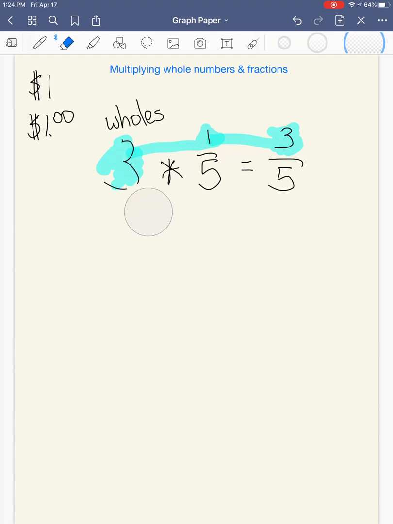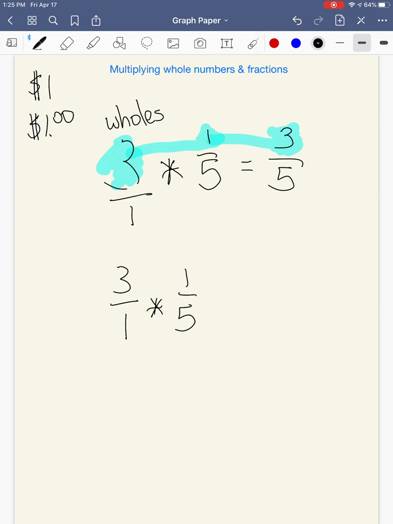So we're going to take that idea of wholes being a fraction. That's 3 over 1. Now, let me rewrite it so it's a little neater. So now I have 3 over 1 times 1 fifth, or 1 over 5. And we know, again, the answer is 3 fifths. Well, we've discovered that we're multiplying the numerators and getting the numerator.